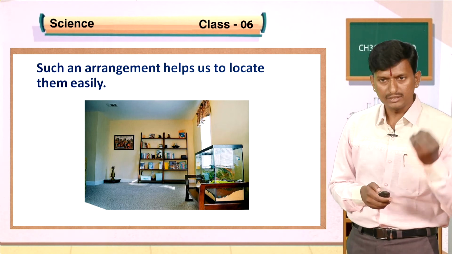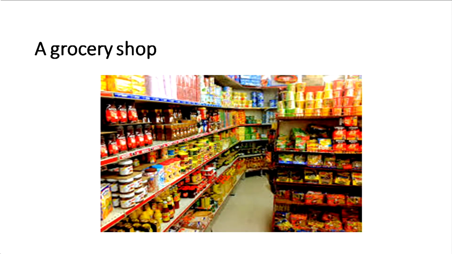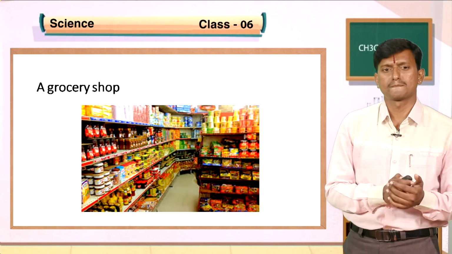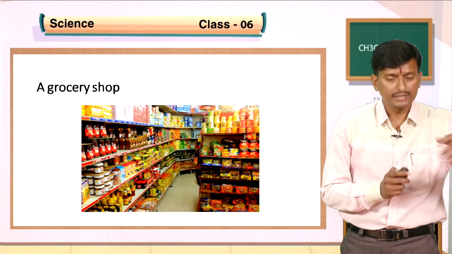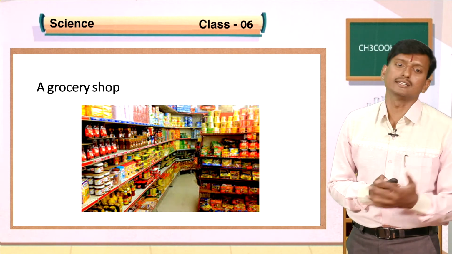So, we need sorting. See here, a grocery shop. What are they doing here? How is the arrangement here? They are keeping the same substances in one place which are similar in characteristics. For example, all types of soaps are kept on one side, all edible things on one side, so that we can pick an object easily.